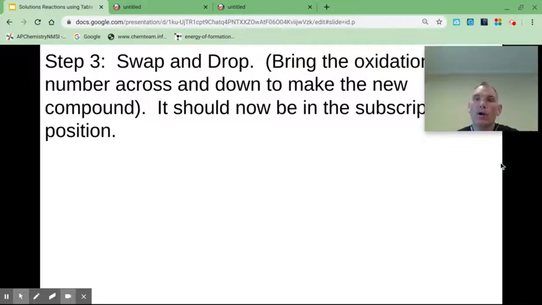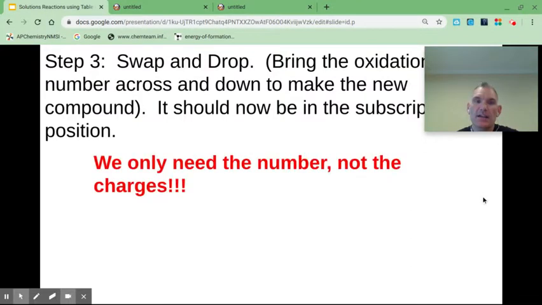Now, what does this look like? Once we find the charges and the numbers, we're swapping the number only. This gives us the correct ratio so that the overall compound at the end is going to be neutral. Take a look.